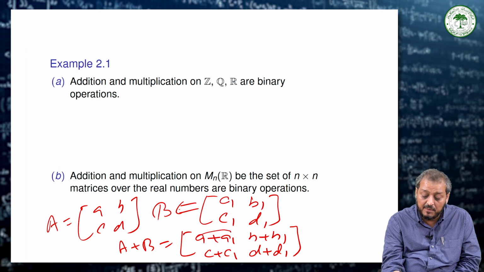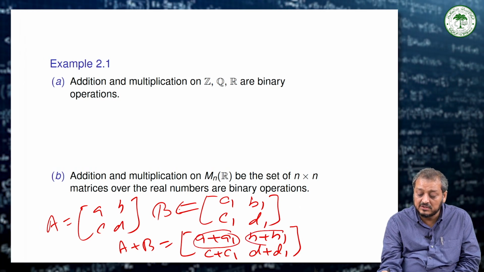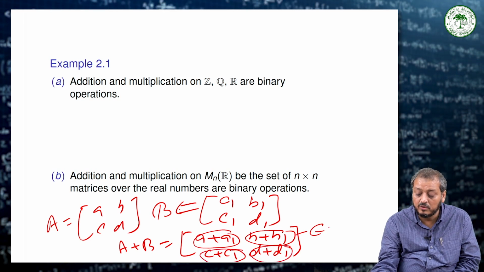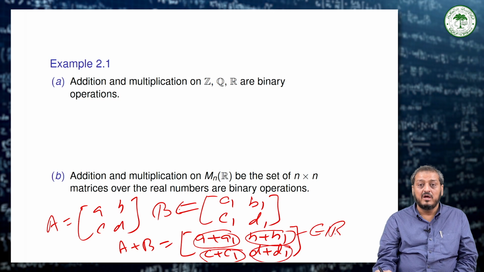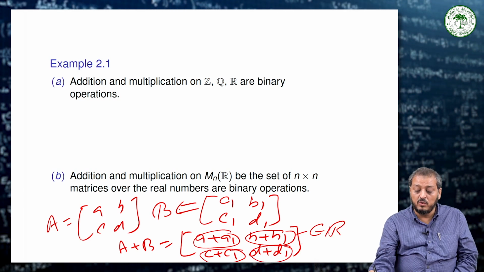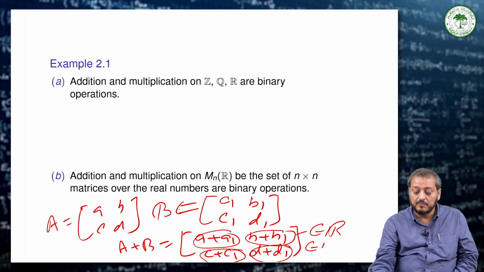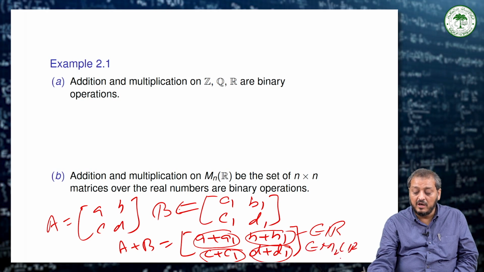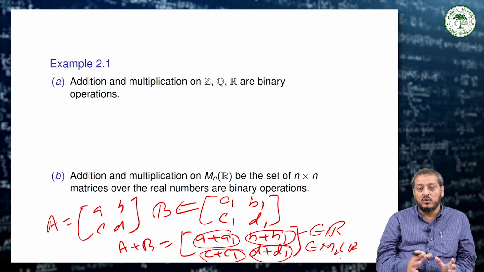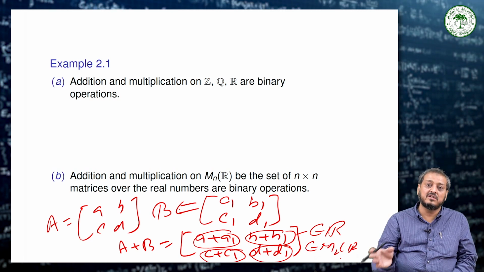So these sums belong to the set of real numbers. This means it is clearly well defined and closed, and the whole matrix belongs to M2(R). So in general we can say that matrices under addition are closed, and matrices under multiplication are also closed.